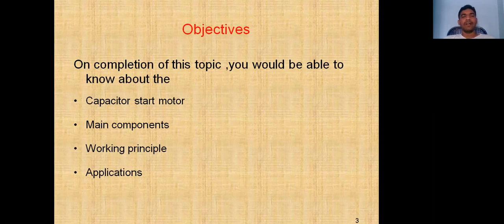These topics we will discuss in today's class, and torque speed characteristics also.